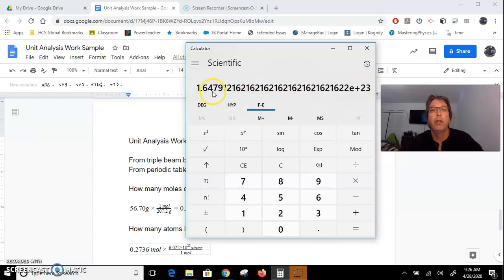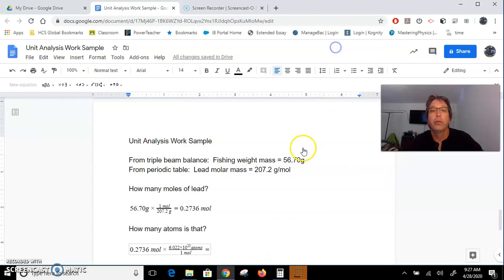Now we can go 1, 2, 3, 4 significant digits. Now the next number is a 9, so that's going to round to 1.648, and there's our exponent. So we'll type it in.